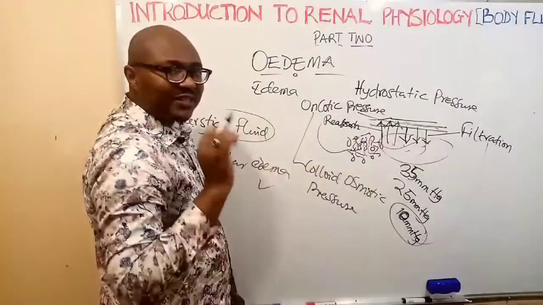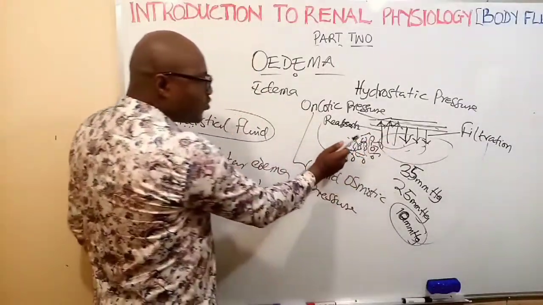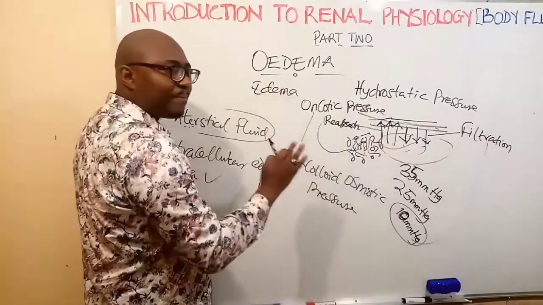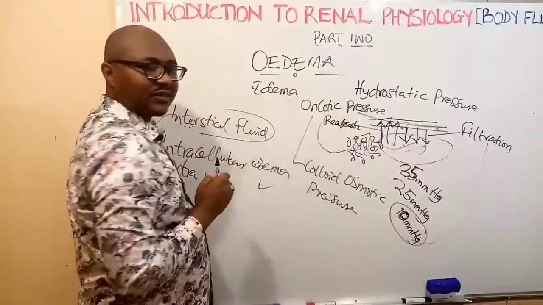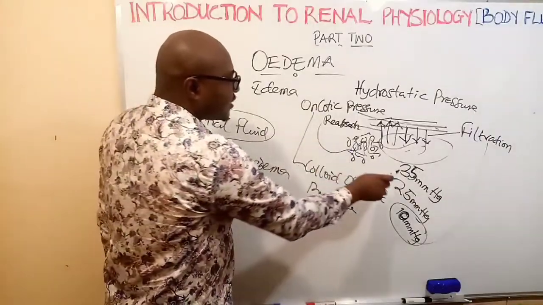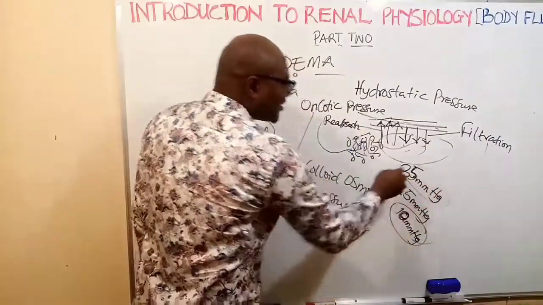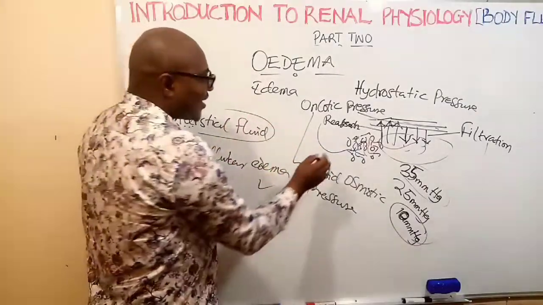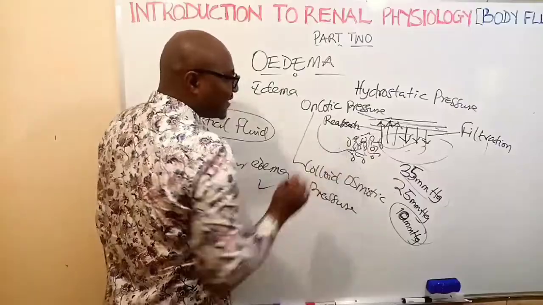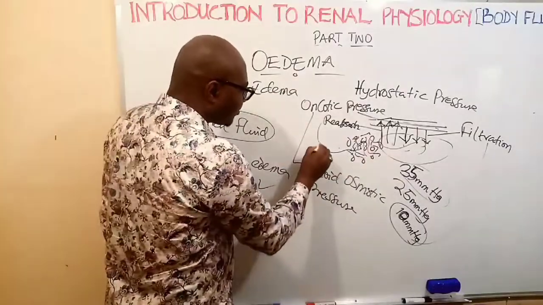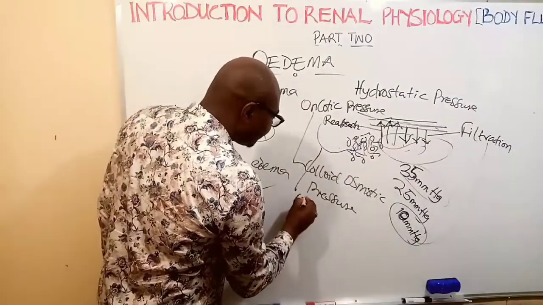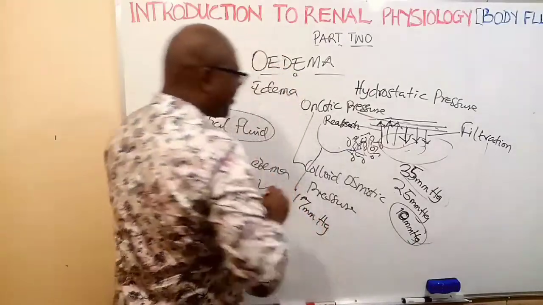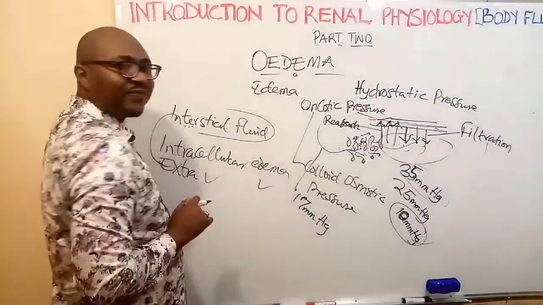So something interesting happens when it now moves to this venous side. The hydrostatic pressure, as it's moving towards the venous side, is dropping. So at this venous side, it becomes 17 millimeters of mercury from 35.